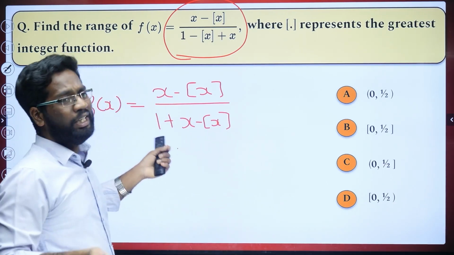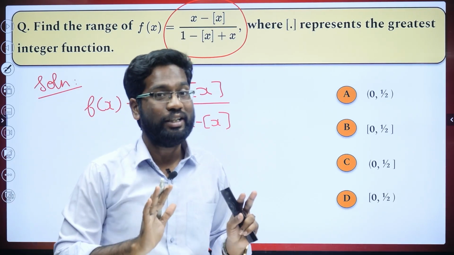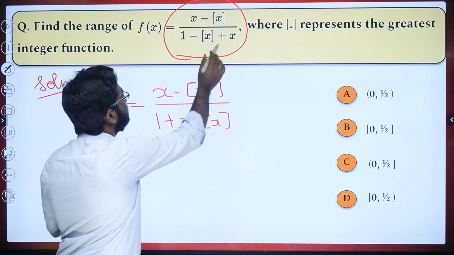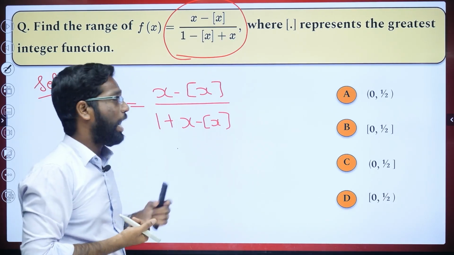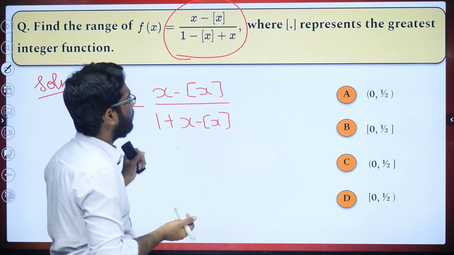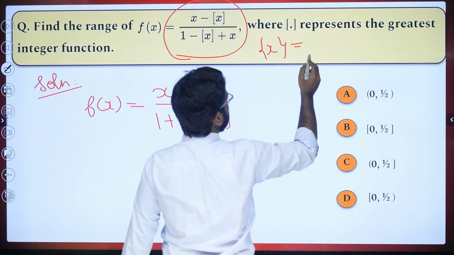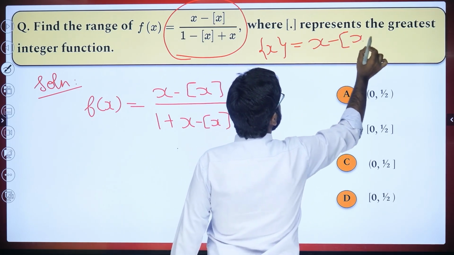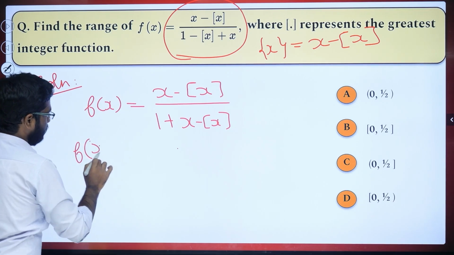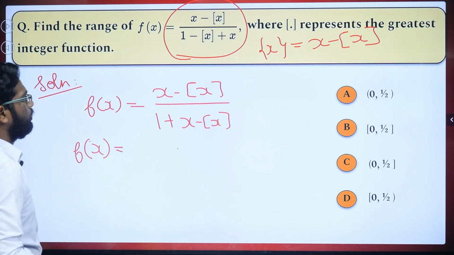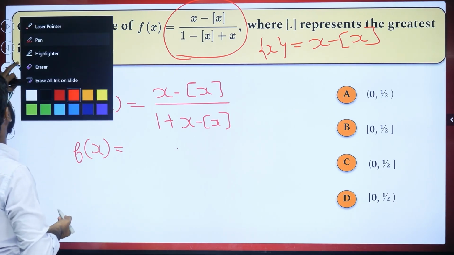Since it is a sum, there is no problem; the function is not going to change even if I replace the x and the greatest integer of x. Okay, I hope you understood this part. Now as we know before, fractional part of x is equal to x minus greatest integer of x. So what we will do, f of x, directly, so I have to write it small. One minute, my dear students.